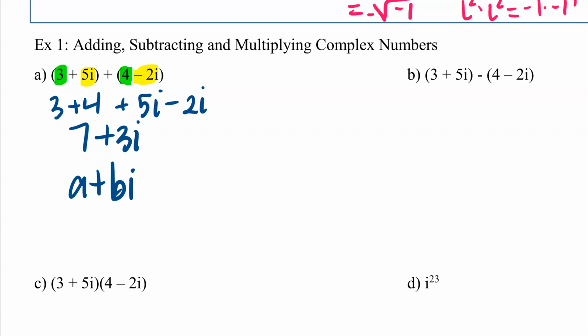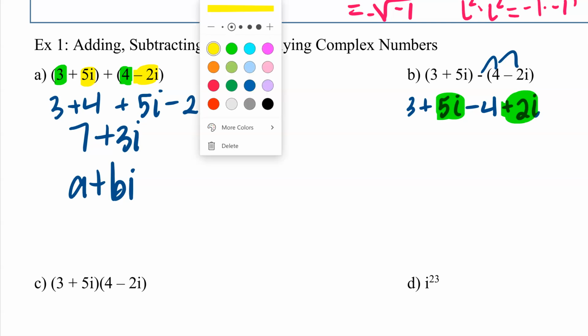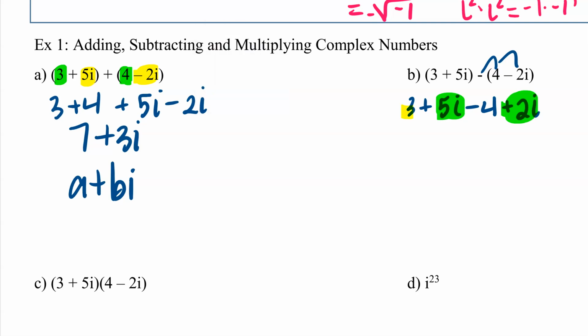When you have subtraction, the subtraction has to get distributed. So you have 3 plus 5i minus 4 plus 2i. You're going to treat i like a variable until you have to do something with it. We have those like terms, 5i and 2i, and then we have 3 and -4.